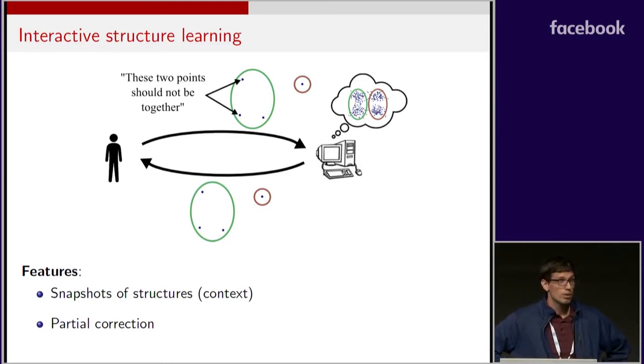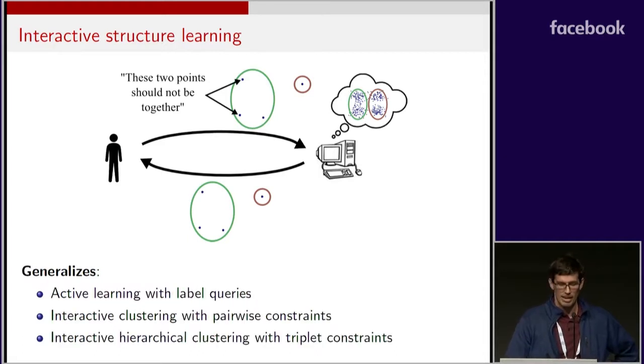Additionally, by only requiring the user to provide partial correction, we also should hope to elicit more confident responses from the users. Finally, this framework is extremely generic. So it actually generalizes active learning and interactive clustering among other tasks. So addressing things at the interactive structure learning level actually leads to efficient algorithms in all of these settings as well.